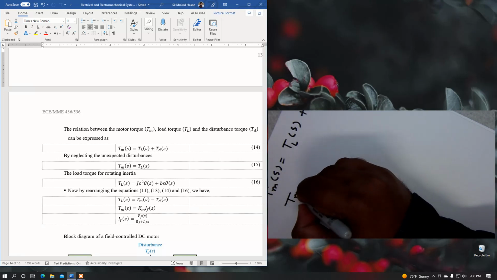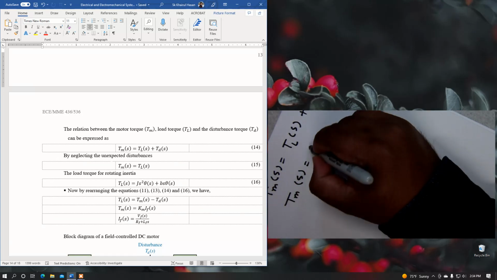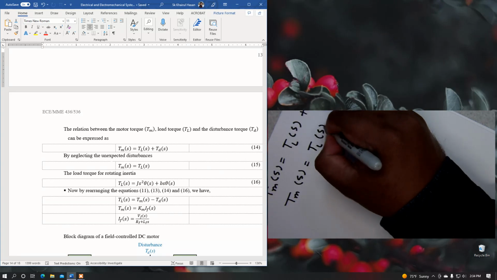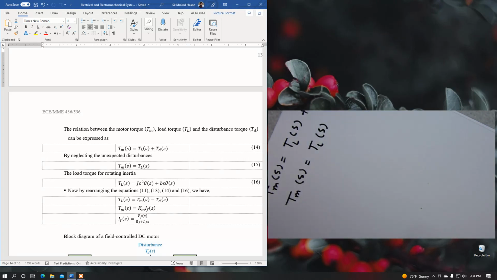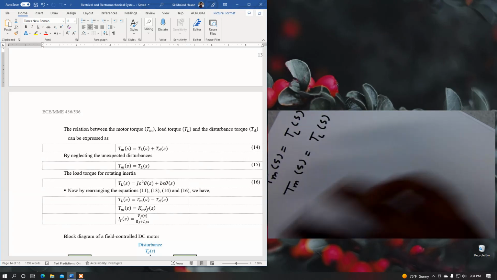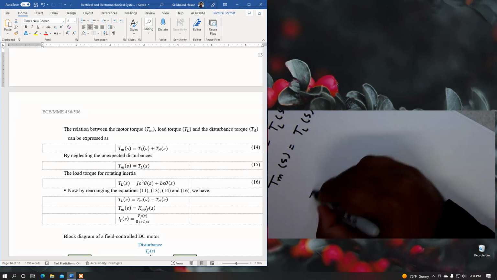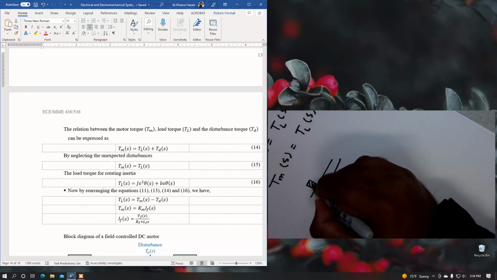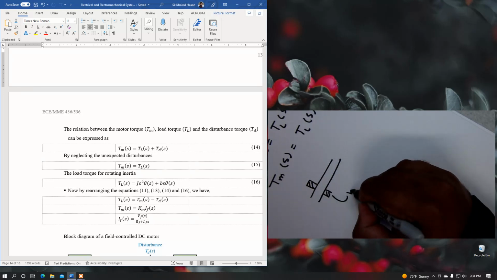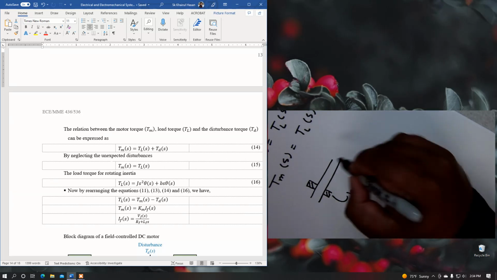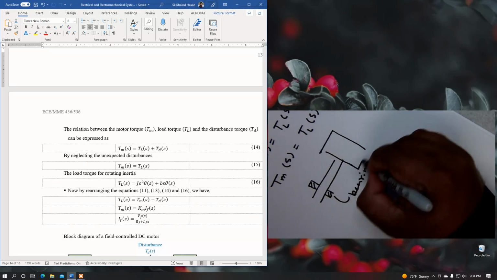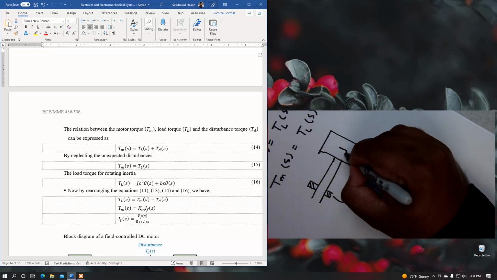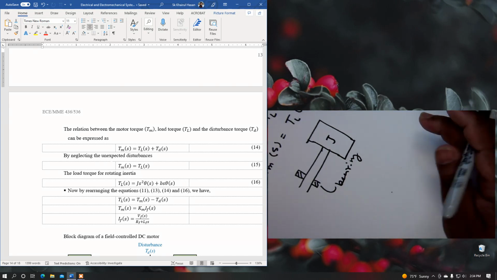If there is no disturbance, in the ideal case, this is equal to TL(s), only the load torque. And here is the motor bearing, and here is the motor load. The motor load has inertia J.